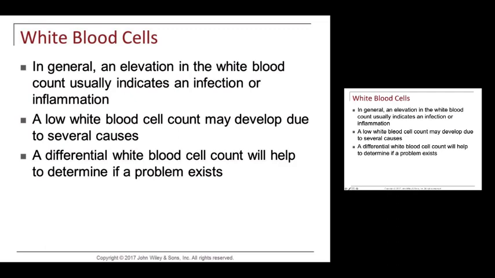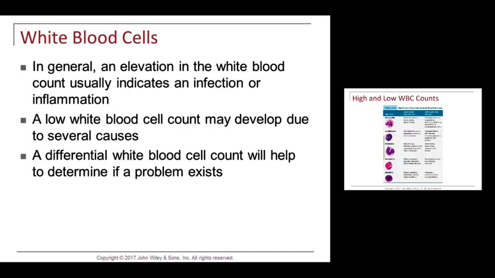So in general, an elevation in white blood count usually can indicate an infection. We know that neutrophils are correlated with bacterial issues and lymphocytes with viral issues. A low white blood cell count may develop due to several causes, and a differential of white blood cell count will help to determine what the problem is. That's when they do a differential.